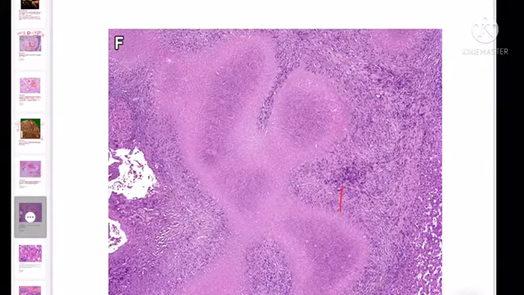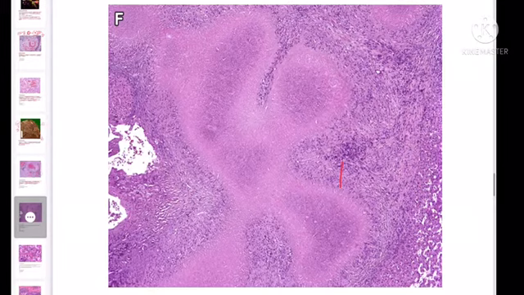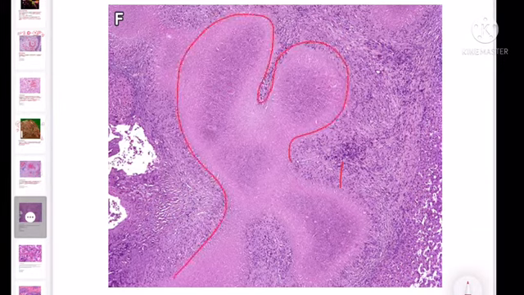Next type of granuloma is a very special and very unique type of granuloma, a star-shaped granuloma. Necrotic material, a lot of inflammatory cells, even here.